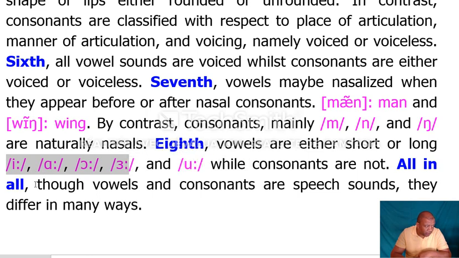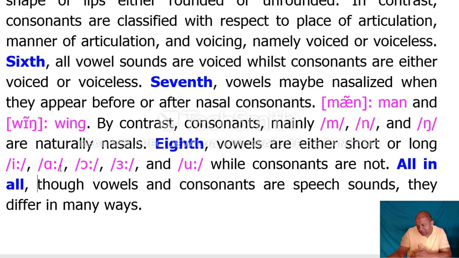All of them have this diacritic to show length, which means the vowel is maintained for a specific time, longer than a short vowel. But consonants never have this characteristic of length.